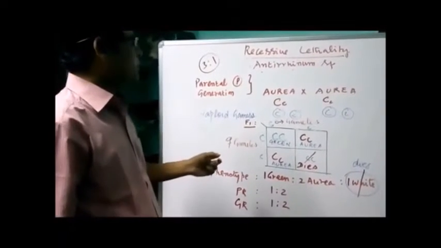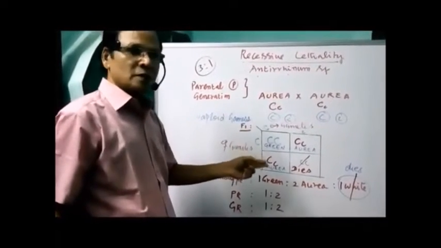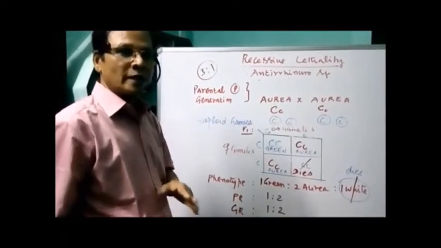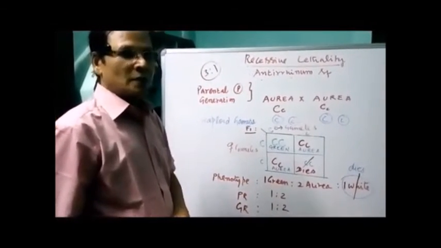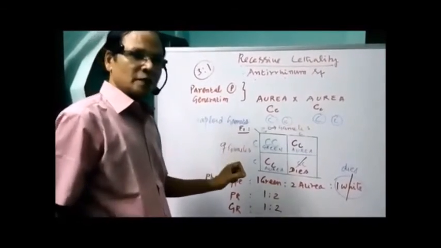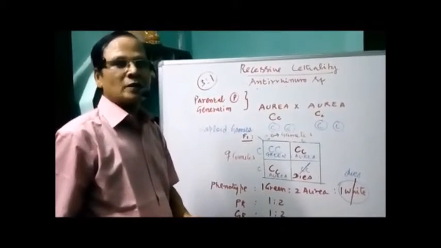This is the explanation for recessive lethality. Individuals in homozygous recessive condition died. The genes in homozygous recessive condition kill the individual because of the lack of chlorophyll.